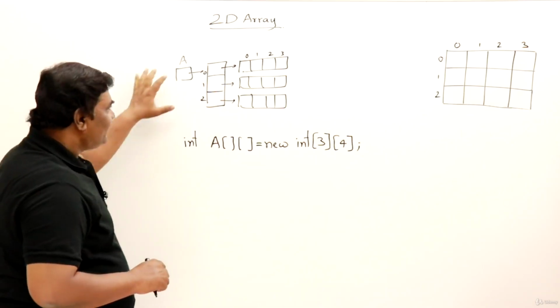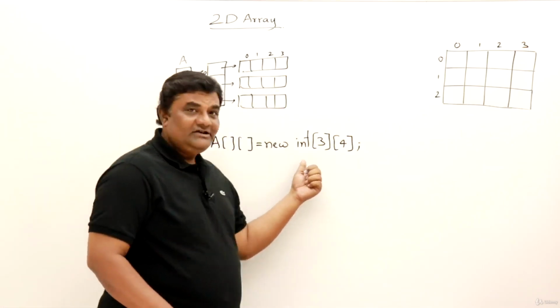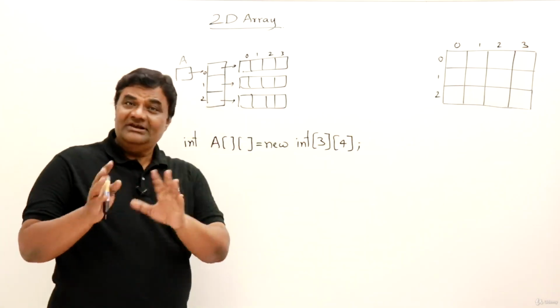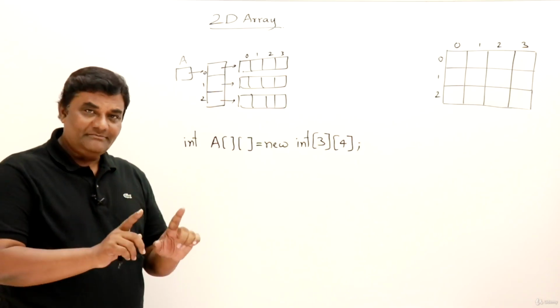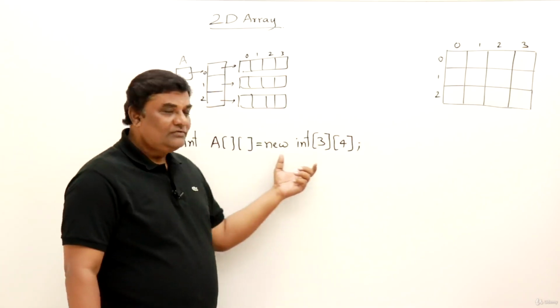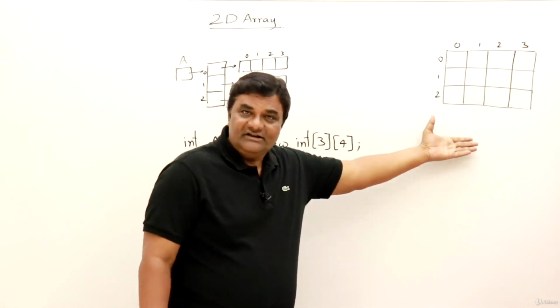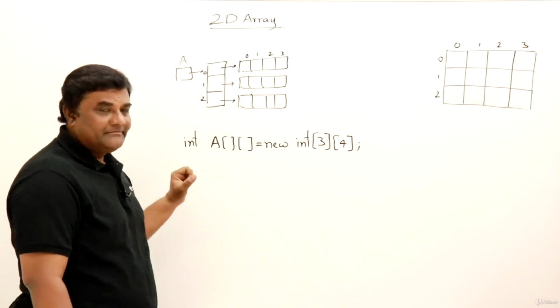Everything will be created inside the heap as we are saying new. Just accept that A may be in the stack or in the heap, but the rest of the things will be created in the heap. So this is how a two-dimensional array is created, which is useful for matrices or tabular data. The actual structure looks like this inside the main memory.